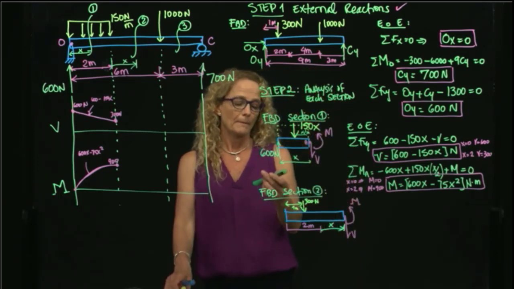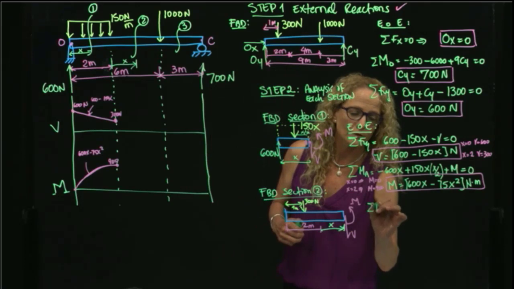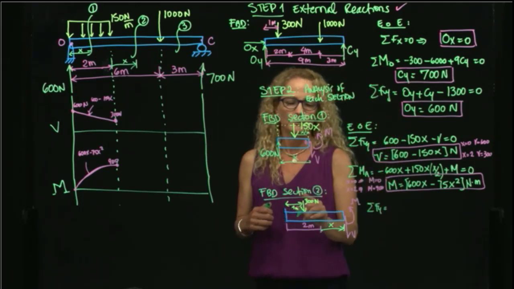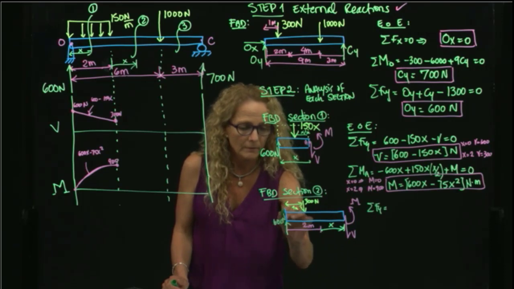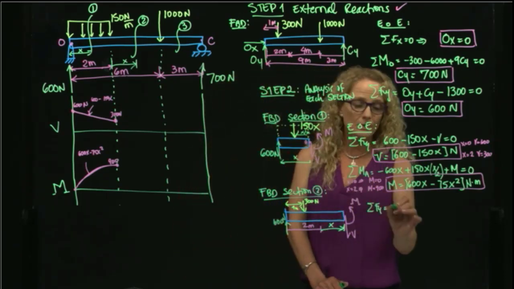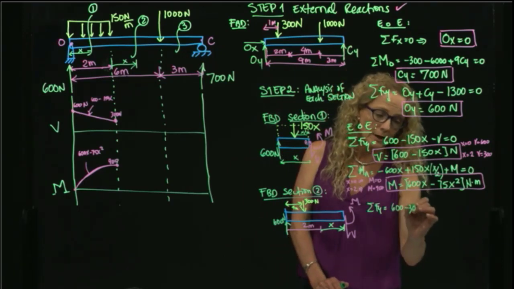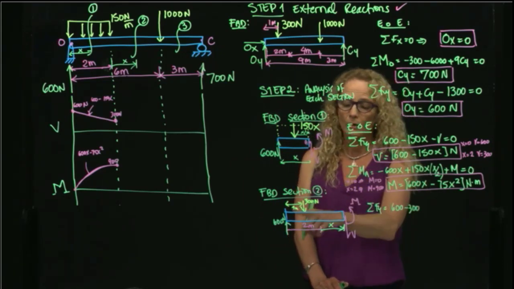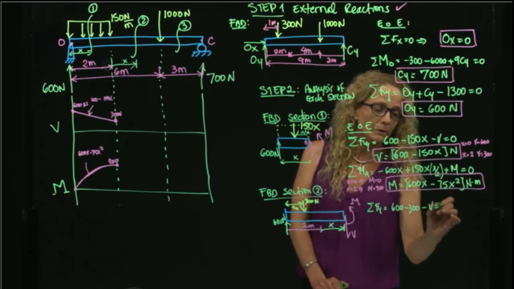And I will do my equations of equilibrium now for this. I will add forces in y, and I have, oh sorry, of course, I cannot forget the 600. So I have 600 minus 300, now I don't have an x because I am beyond my distributed force, minus V equals 0.